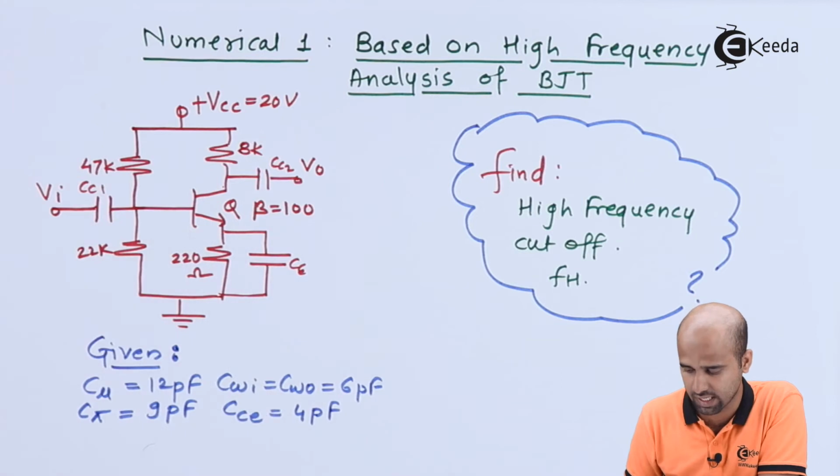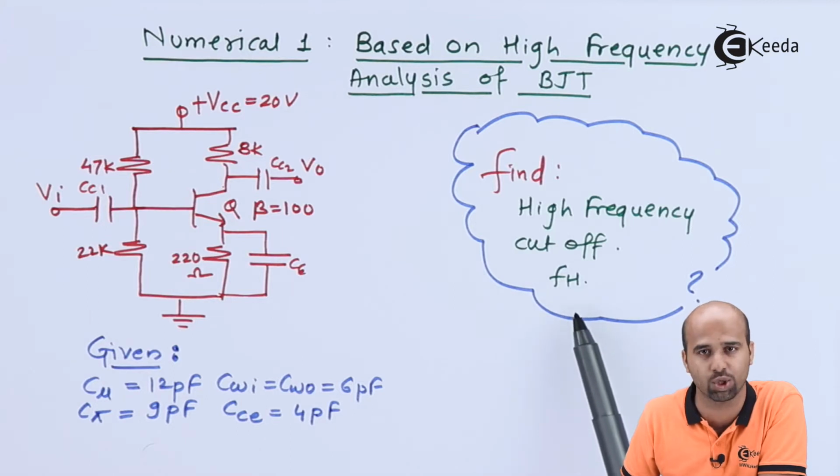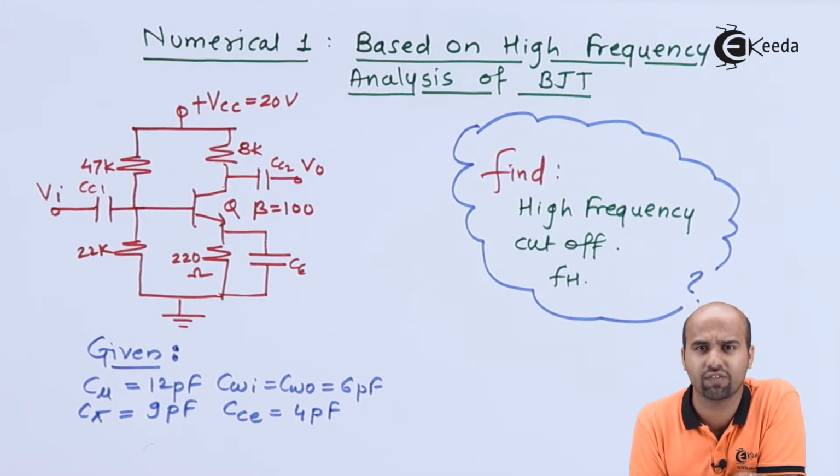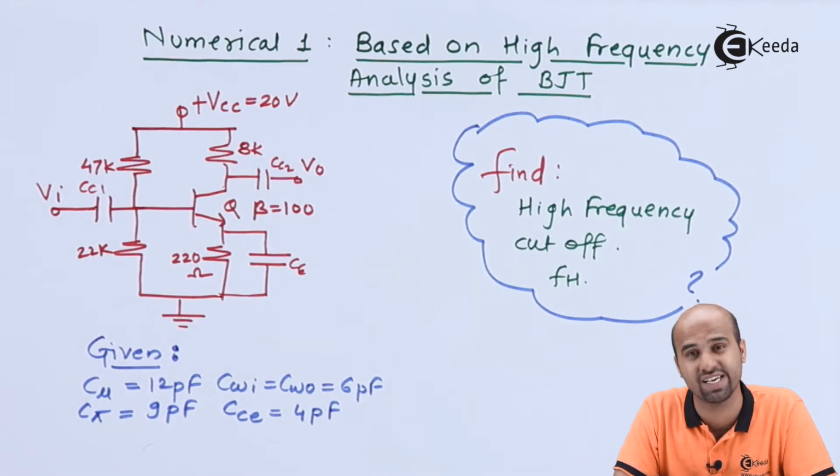All the resistances are given, and we are asked to find the value of the high frequency cutoff, that is FH. To move toward FH, we have to know the values of CMI and CMO, which are nothing but Miller's input and output capacitance.